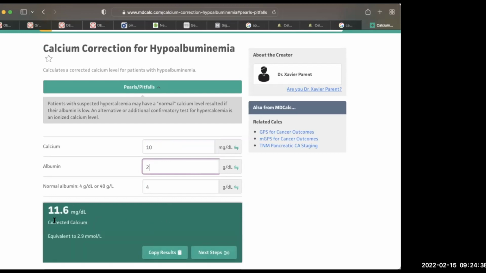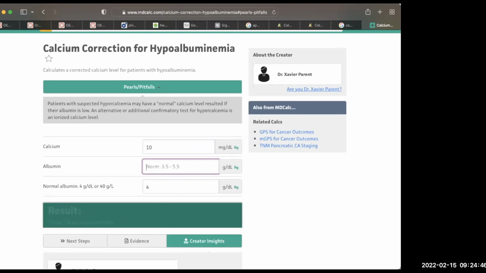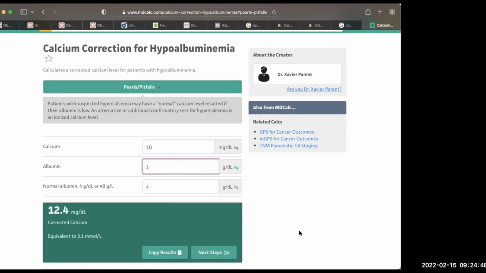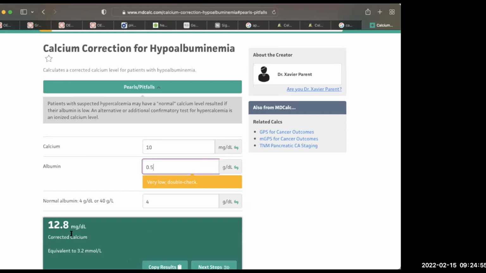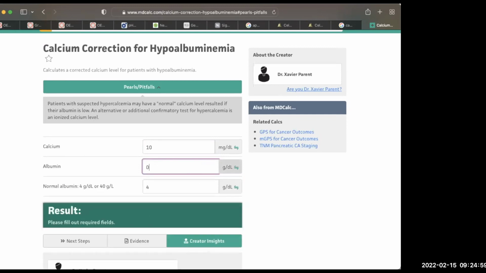You can see that increased their calcium to 11.6. Let's drop their albumin even more, to 1.5, and it's 12.8. So you can see that relationship with low albumin.